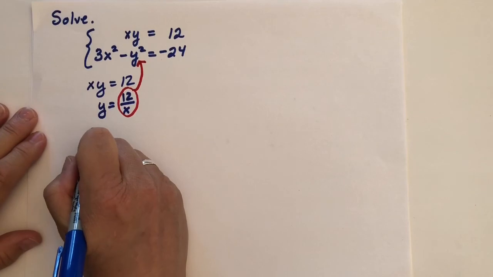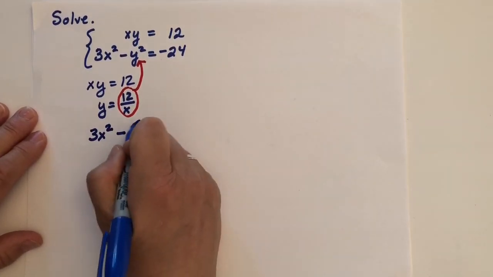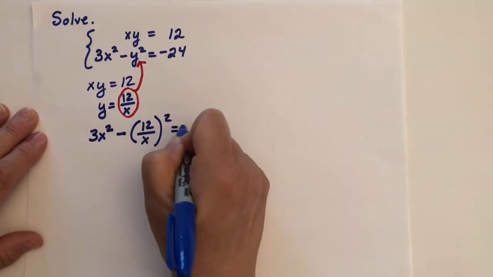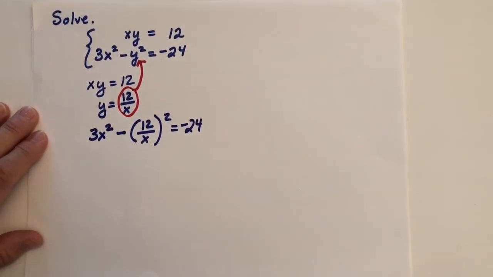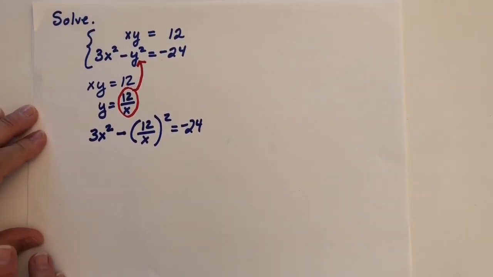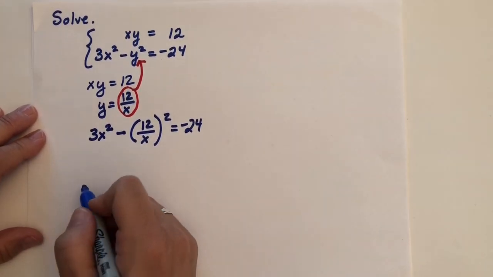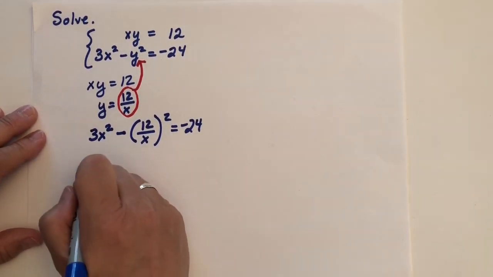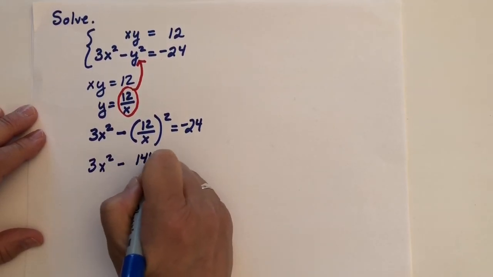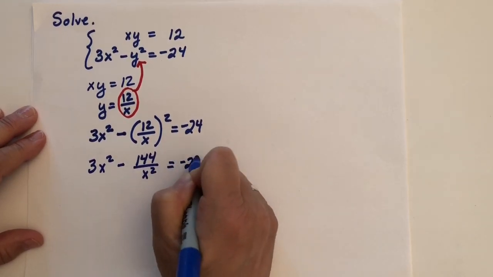So I have 3x squared minus 12 over x squared equals negative 24. Let's keep solving. I'm going to square the 12 over x. So when I do that, I have 3x squared minus 144 over x squared equals negative 24.